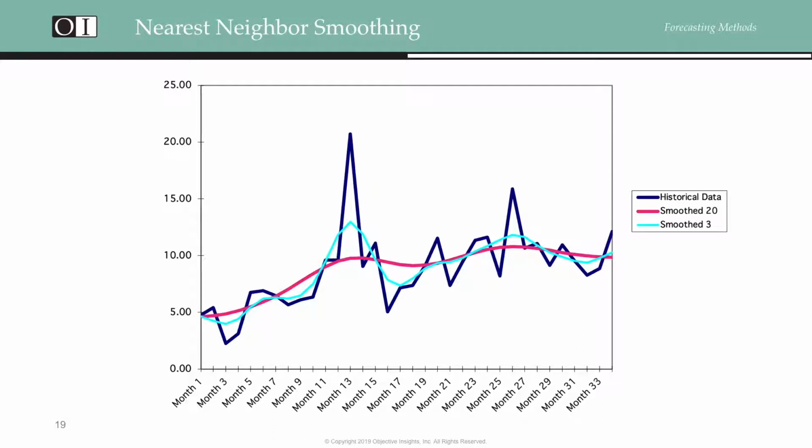You could take an average of all the points in this graph, and the average would be the same for the historical data, the smooth 20 times, and the smooth 3 times. But what it does is it gets rid of what you can think of as noise, and then you can look at more of the underlying structure of the data.